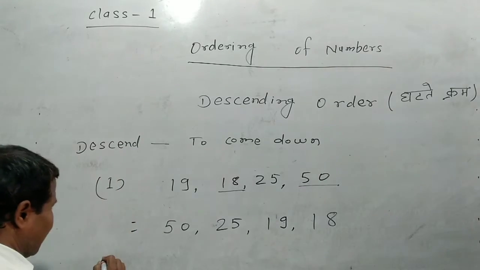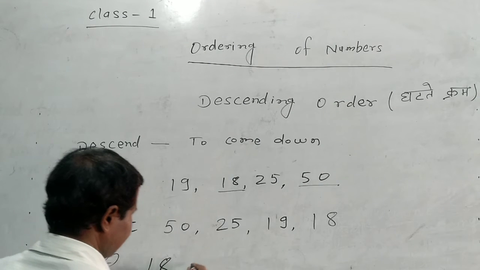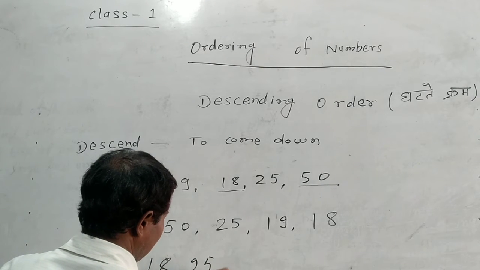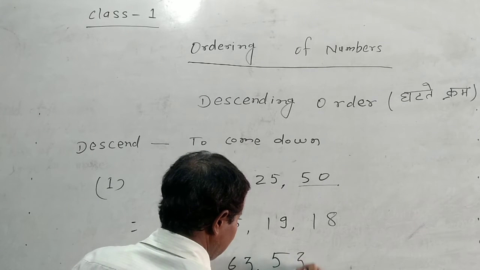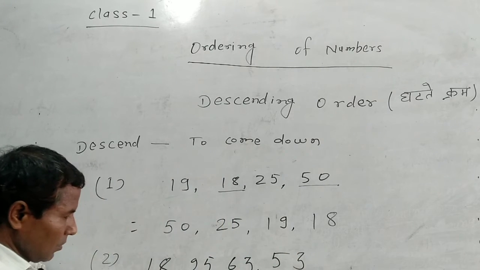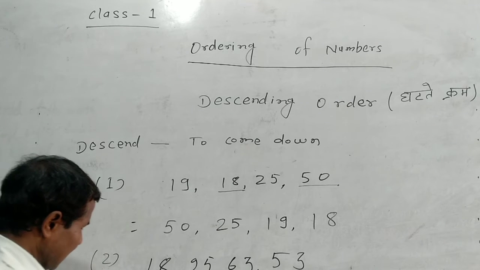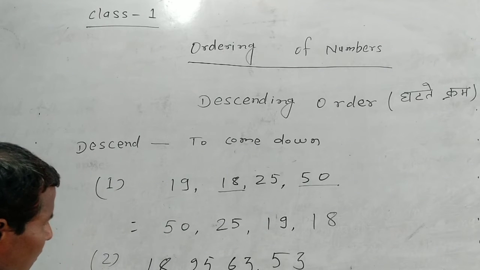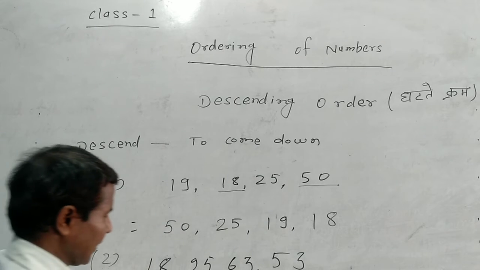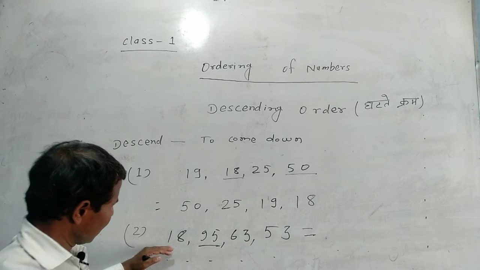In second example, 18, 95, 63, 53. You all look carefully. In these numbers, 95 is the greatest number. You are looking here.